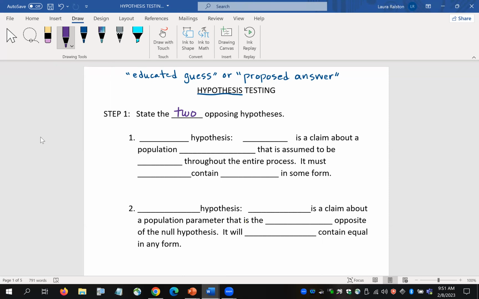The first one we call the null hypothesis. The symbol, we use a capital H for hypothesis, and it has a subscript of 0.